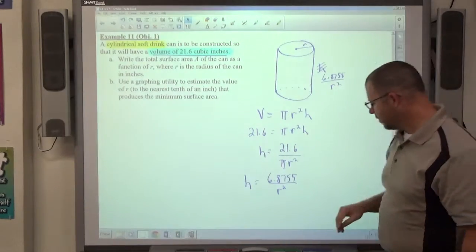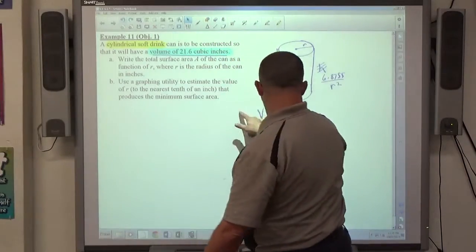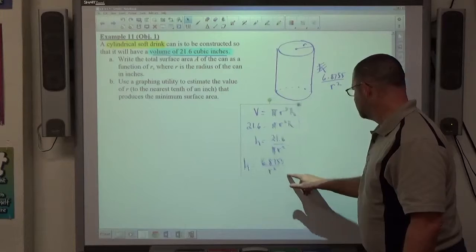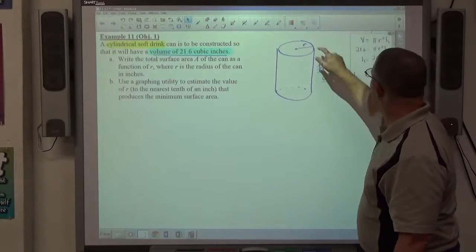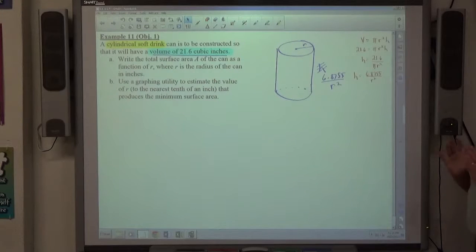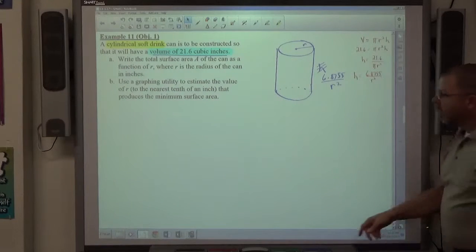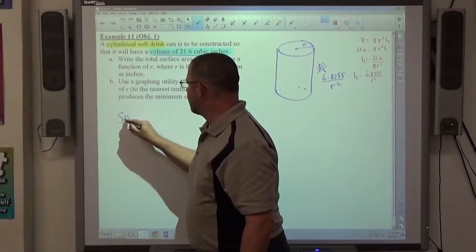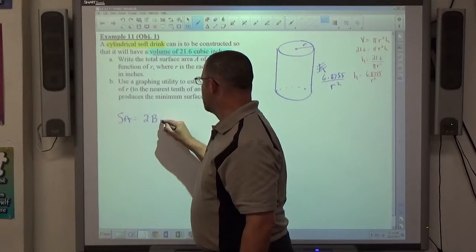All right, now, at this point, I'm going to shrink this because I don't need it in the way. Just throw that over there. I'll make it red so it stands out. All right, looking at that picture, I'm trying to write the surface area of the can. We know the surface area formula is 2B plus PH.